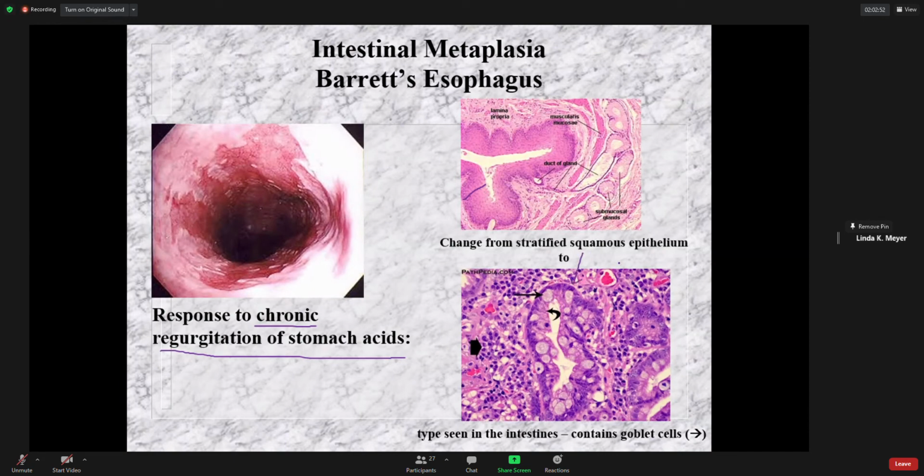So we get this change due to chronic regurgitation of stomach acids. And with this type of metaplasia, the condition is called Barrett's esophagus.